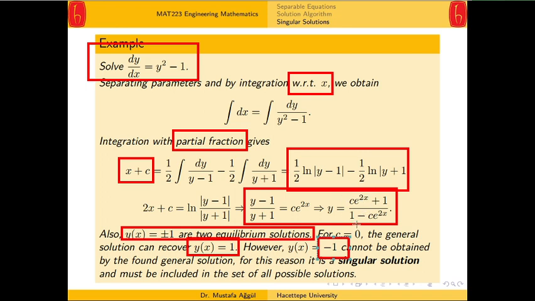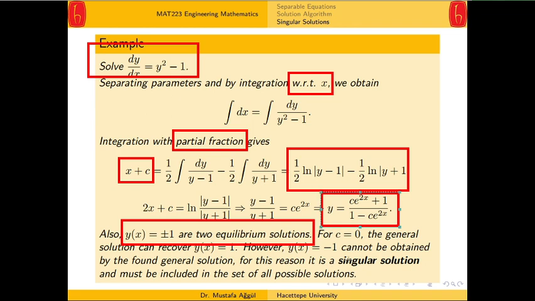So this solution is a singular solution, and it has to be included in the set of all possible solutions. If you give the solution set, the set in which all the solutions of this ODE live, you need to include this general form and also y equals -1. Both of these have to be there.